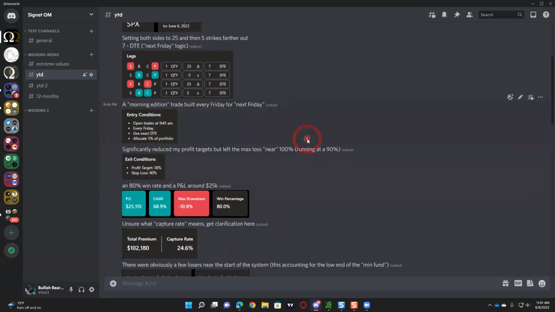I had already discussed that we were doing end of day trades, so we would put these on later in the afternoon. Well, when I was back testing, if we built the trade later in the afternoon, it actually lost more often. That was odd to me at first. It was confusing. I didn't understand why that logic was true. Why is it losing more? And it actually comes down to the decay that we get.